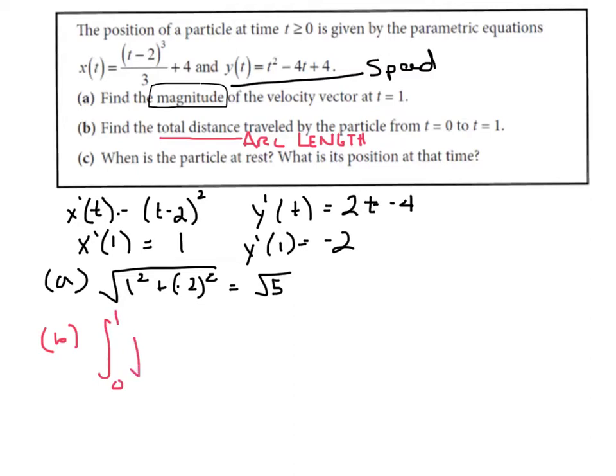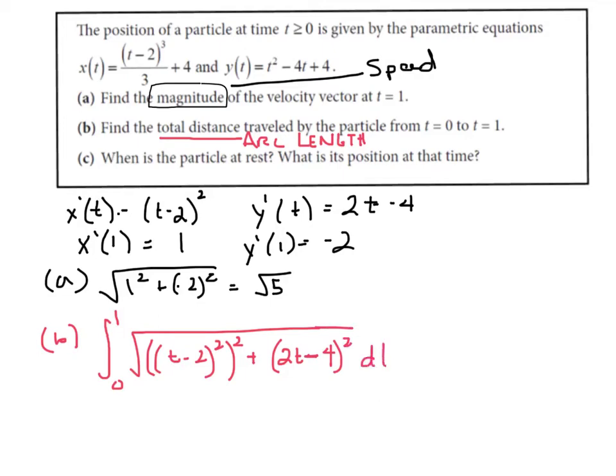We have the square root of x prime squared, or the derivative squared, or velocity squared, however you want to think about it. So we've got t minus 2 to the fourth, plus 2t minus 4 squared. You could actually type that into your calculator, and that would give you the answer.